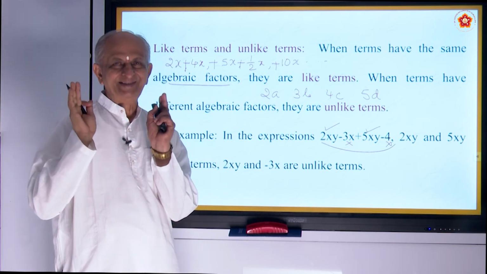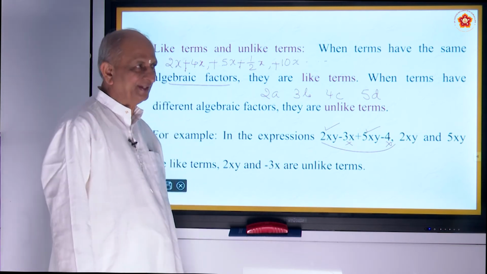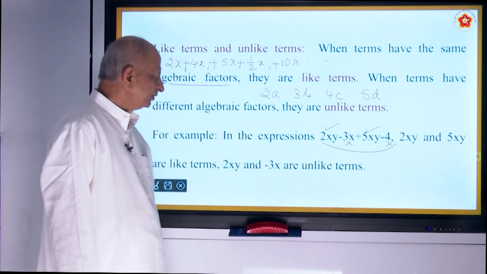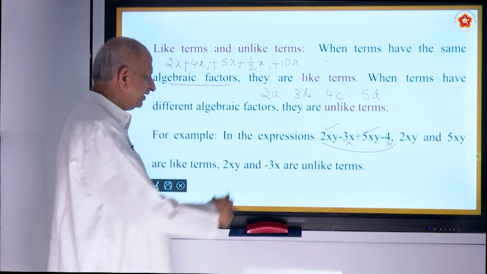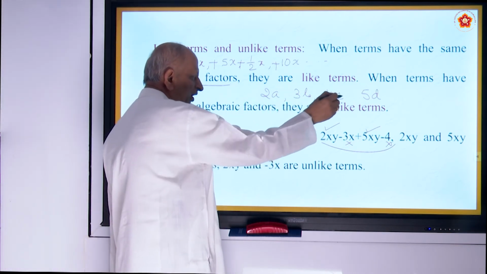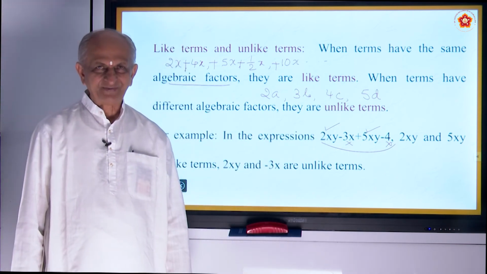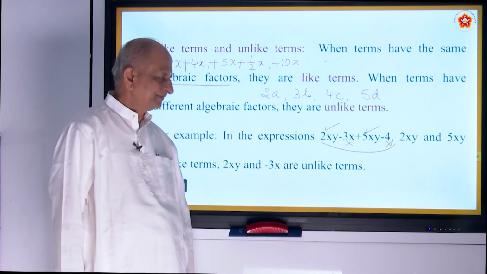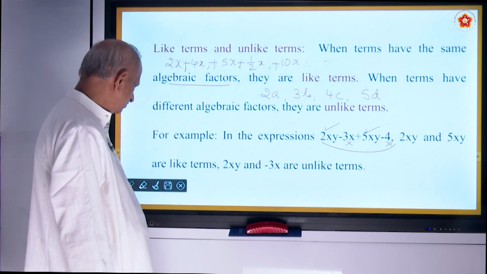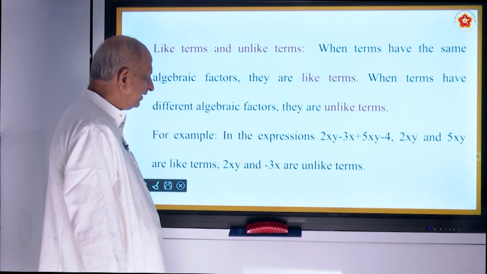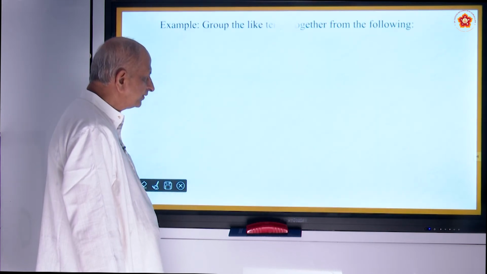You must write it as it is with the sign of operation, maybe plus or minus. So 2a, 3b, 4c, 5d, etc. are called unlike terms. They cannot be subtracted or added. Okay? So this is a thing you already studied, just for your memory's sake we gave this.